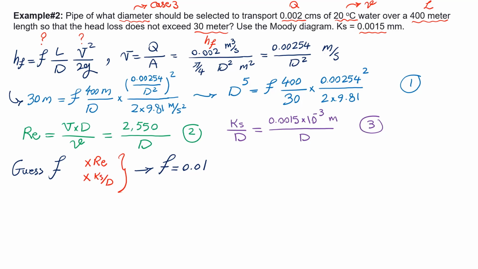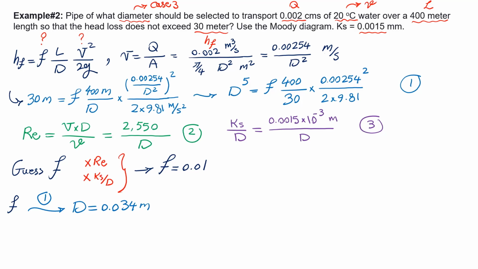So I'm going to take this F, and then what I'm going to do is to put this F in equation 1 to calculate diameter, right? And if I do that, then diameter would be 0.034 meters. Okay, so equation 1 had only two unknowns, F and D. Because we already guessed F, we're going to put F into equation 1 to get diameter.